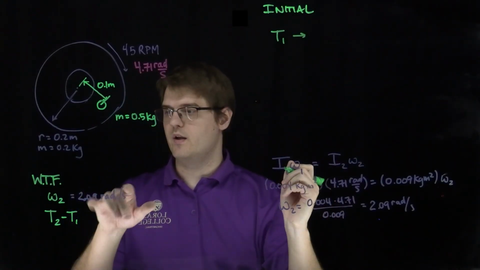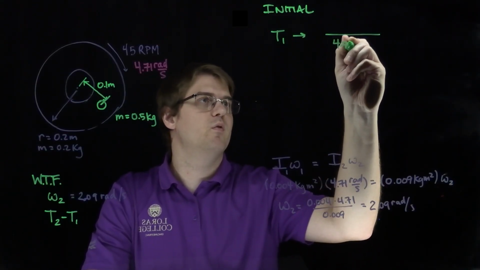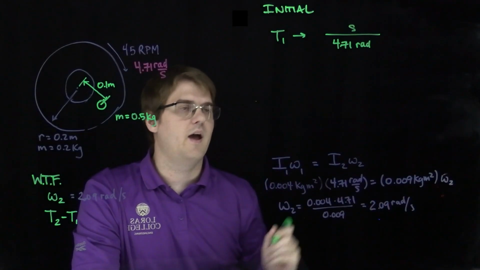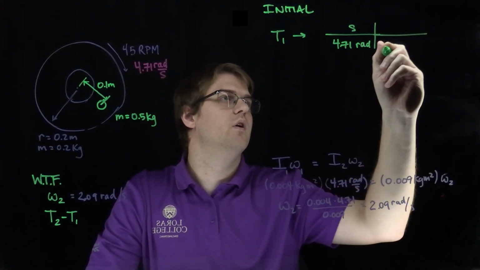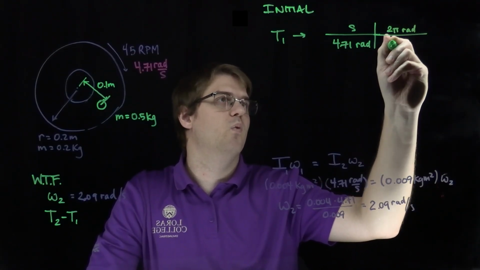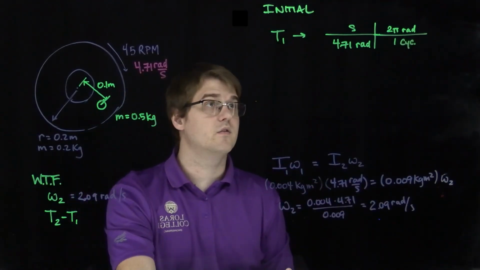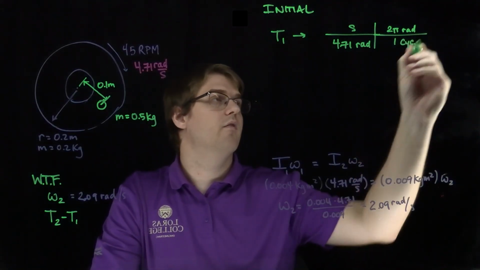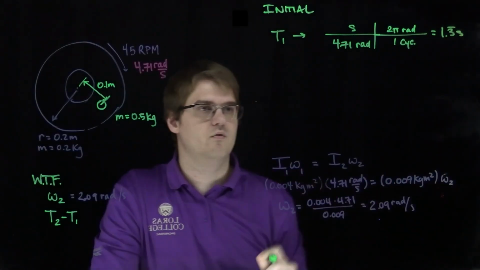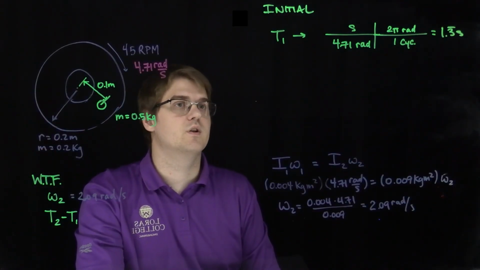I'm going to start by writing my omega 1, but I'm going to write it upside down. So I'm going to have 4.71 radians per second. I can convert radians into cycles or revolutions, because 2 pi radians is 1 cycle. So I can go ahead and solve that, and I have seconds per cycle. It takes 1.3 repeated seconds for the record to go around a full revolution initially.